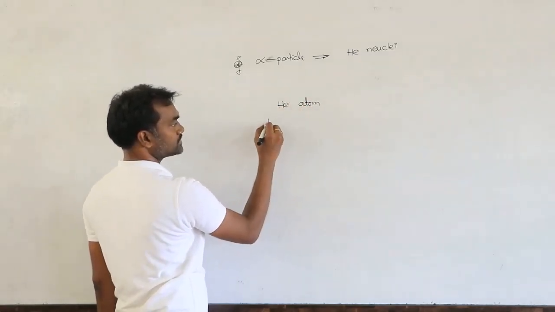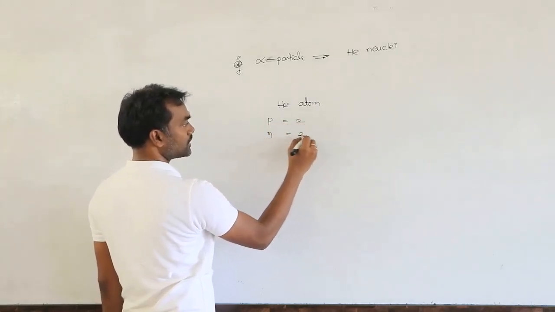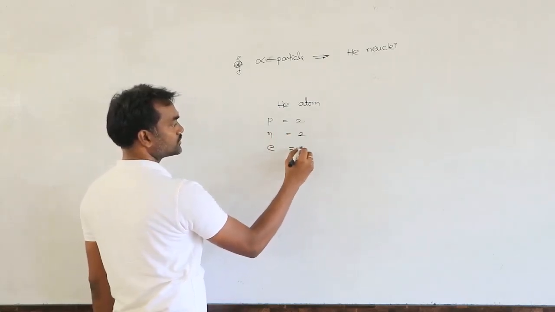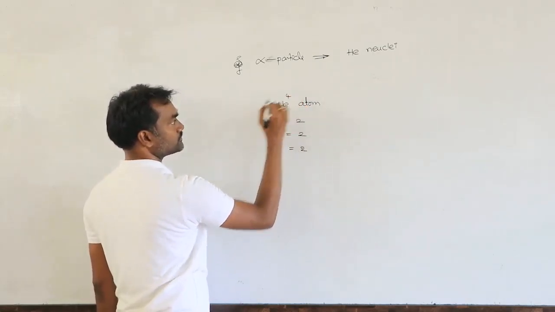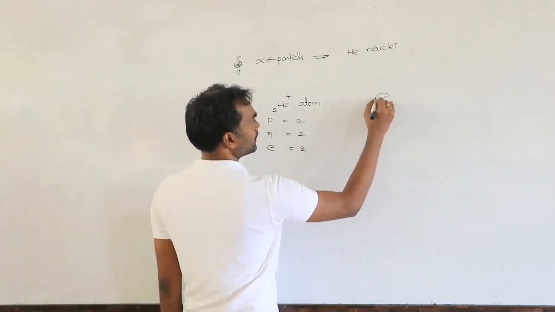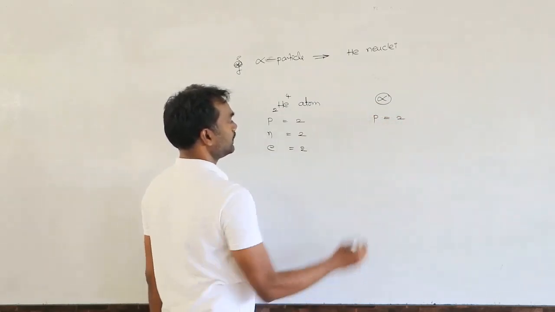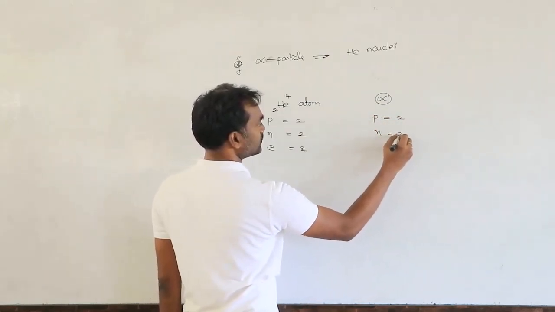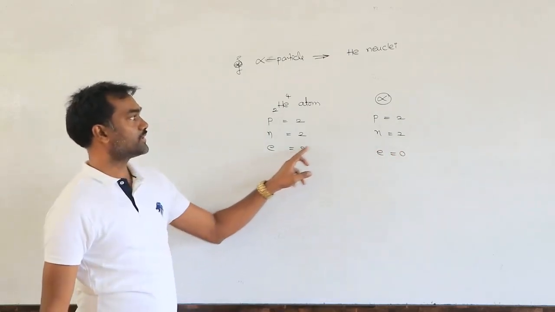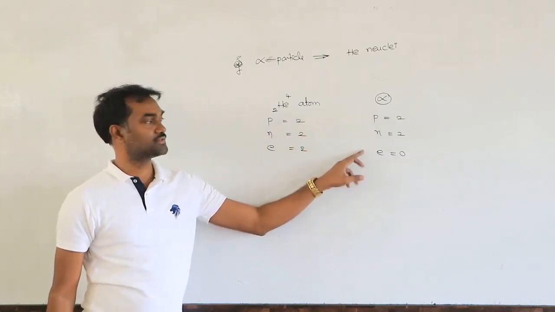A helium atom has 2 protons, 2 neutrons and 2 electrons, helium 2, 4. An alpha particle has 2 protons, 2 neutrons and 0 electrons. See the difference. The helium atom differs from the alpha particle.